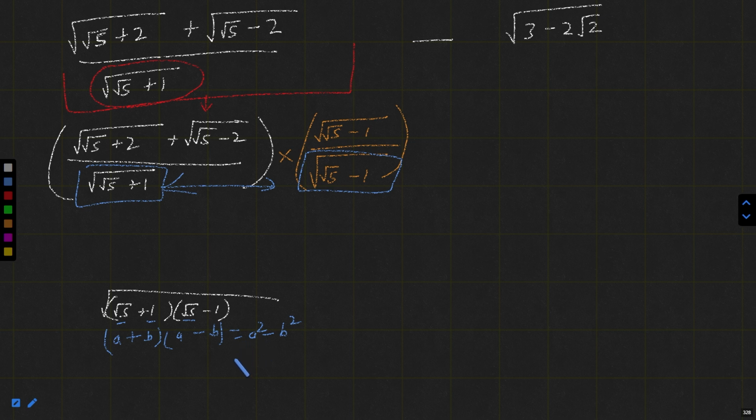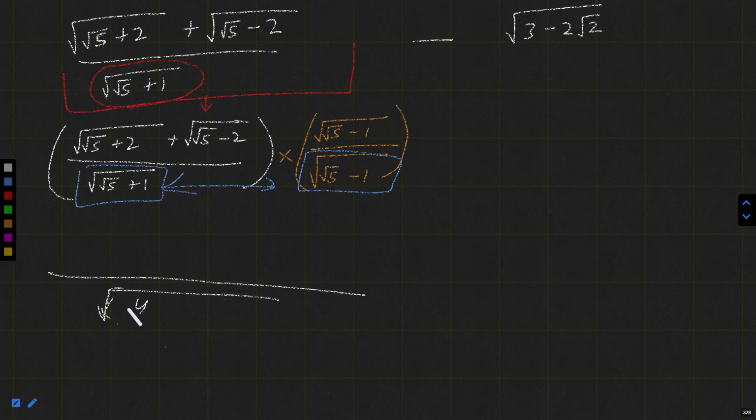Clear? I hope things are very clear. So root 5 square is 5, minus 1 square is 1, which is 4, and this whole thing is in the denominator. So root of 4 is just a single number, 2.